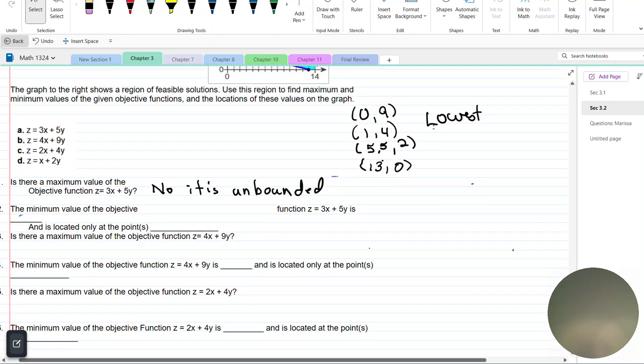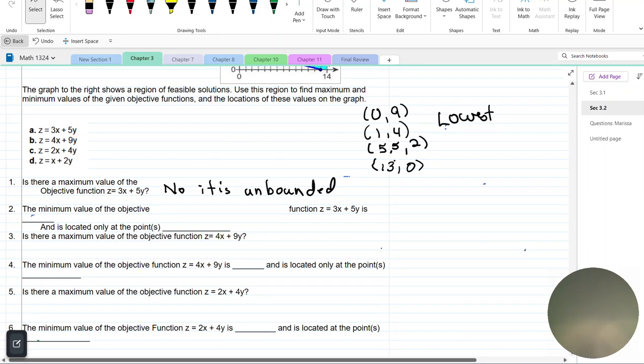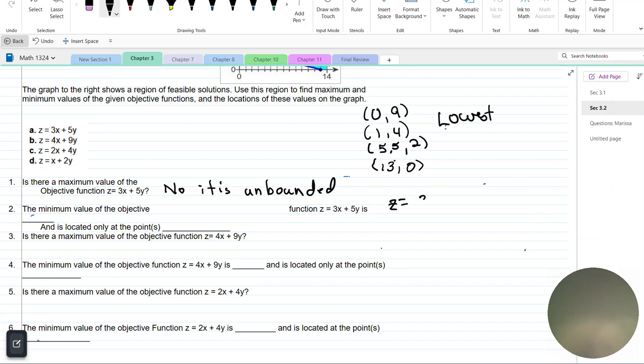And now we're going to work at it. At least we don't have a (0, 0), right? Okay. We're looking at z equals 3x plus 5y. For the first one, 0 plus 9 times 5, 45. All right, that's 1.